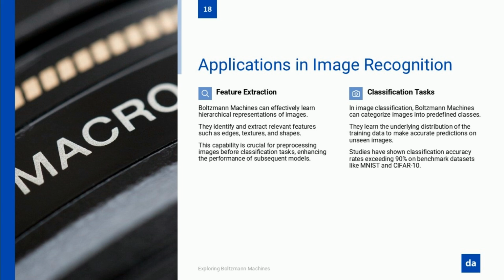Early layers learn simple patterns like edges and corners, while deeper layers capture more abstract features like object parts and structures. In a typical image classification pipeline, an RBM can be used as a pre-training step, learning important visual features from raw images.